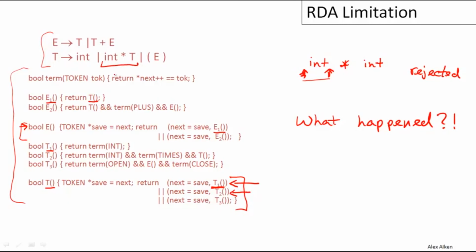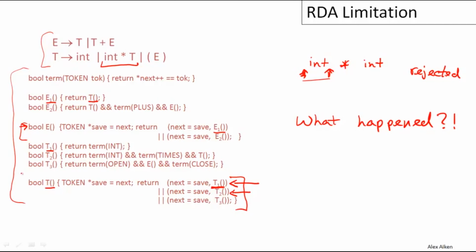The problem here is that even though there is backtracking within a production, while we're trying to find a production that works for a given non-terminal, there is no backtracking once we have found a production that succeeds for a non-terminal.